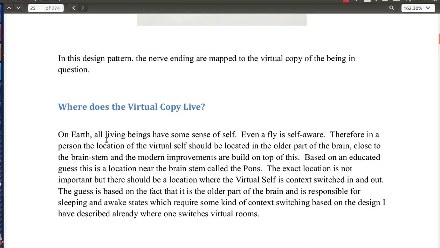So the question that one asks initially is, where does the virtual copy live? Now, if I talk about there being a virtual person and a physical person, if you're talking to a person, you're going to say, well, no, it's just one thing, right?